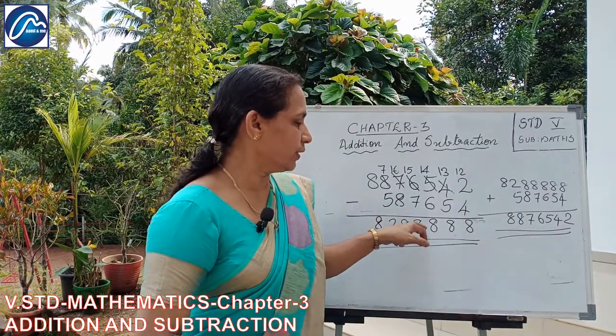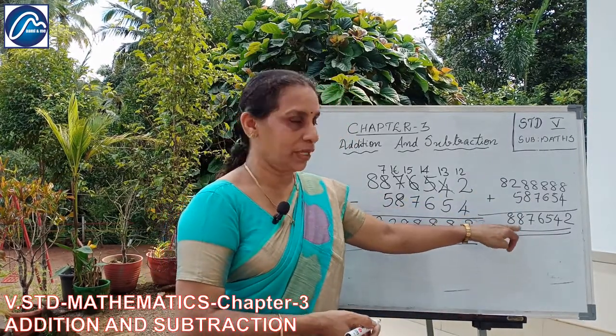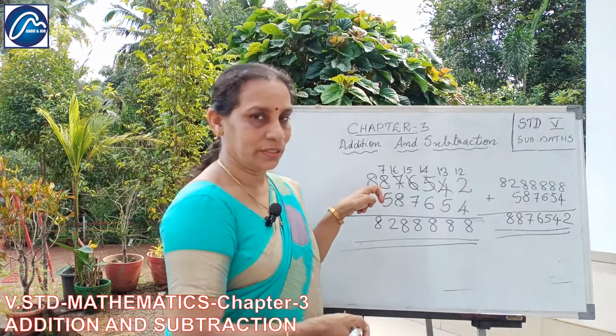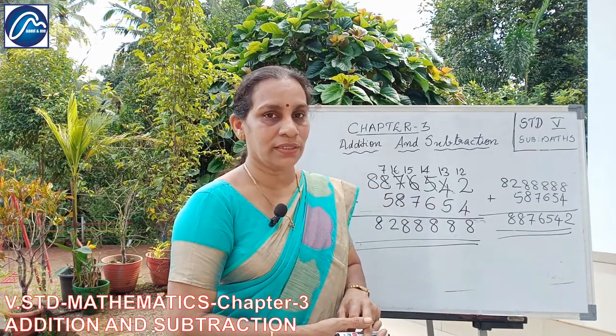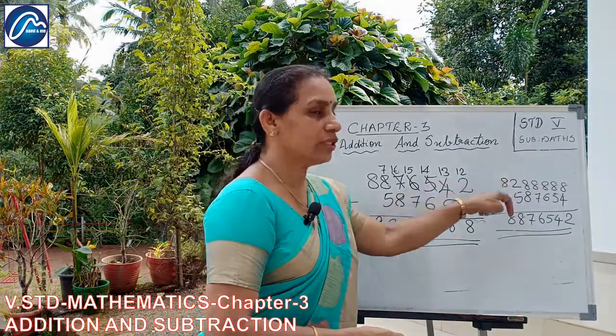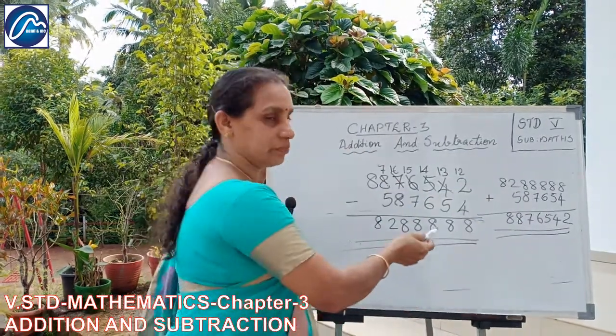Okay, when you add these two numbers, you got this number and which is the number here. Okay, the same number here. So this is the relation between addition and subtraction. And you don't need to write like this, you can do it mentally.